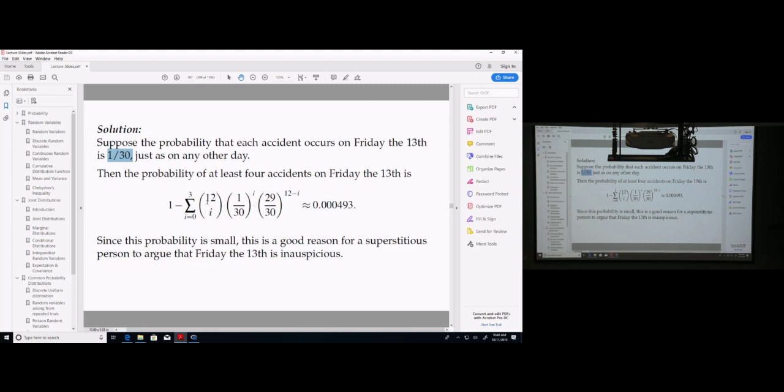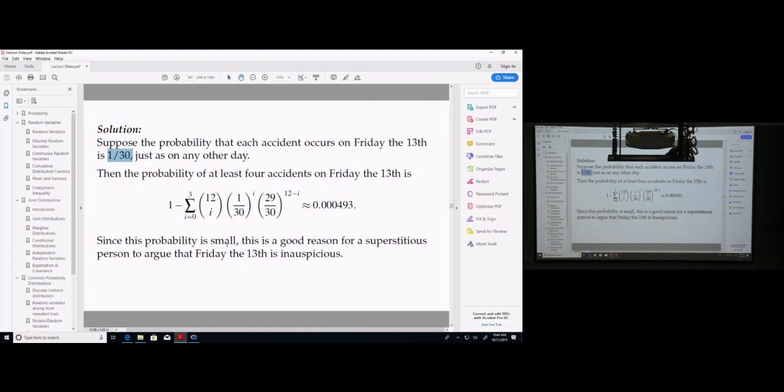And you have 12 accidents, and so you basically sum it up. So the probability of having 4 accidents is actually very small. All right? So since this probability is small, this is a good reason for superstitious persons to argue that Friday the 13th is not auspicious.